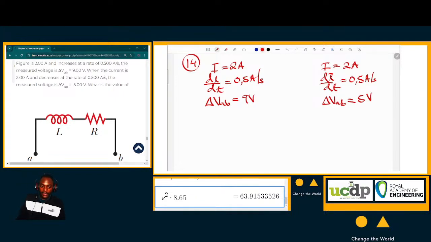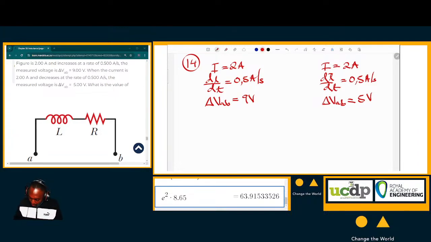Looking at our circuit diagram, to find the potential V_AB, the potential across AB is basically the sum of the potential drop across the inductor and across the resistor.